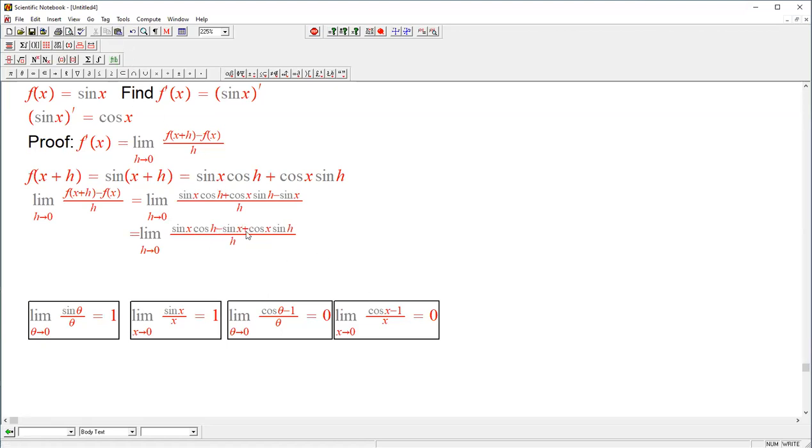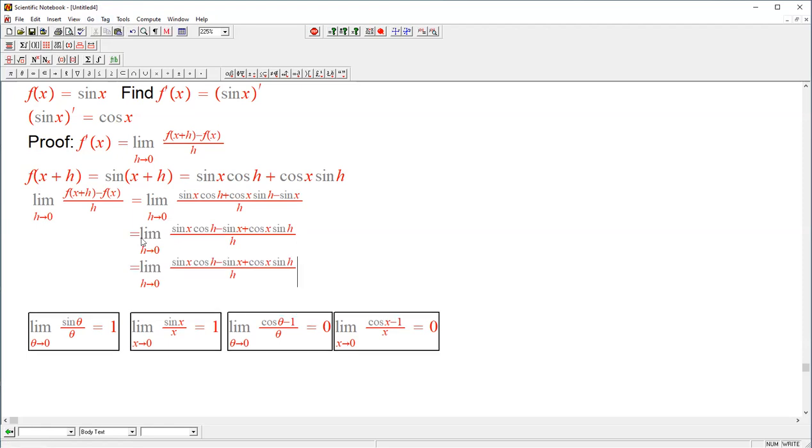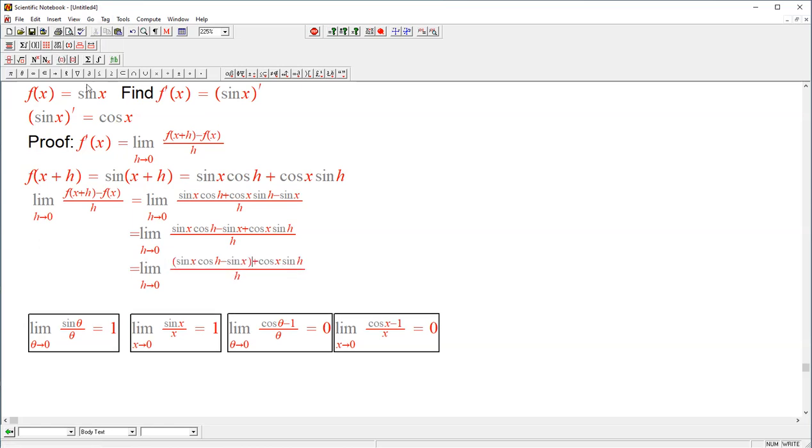Okay, so sine x can be factored out. You see, sine x can be factored out. And now on this piece, sine x is a common factor. So it's factored out, so this is minus 1, and there's a sine x here, right?